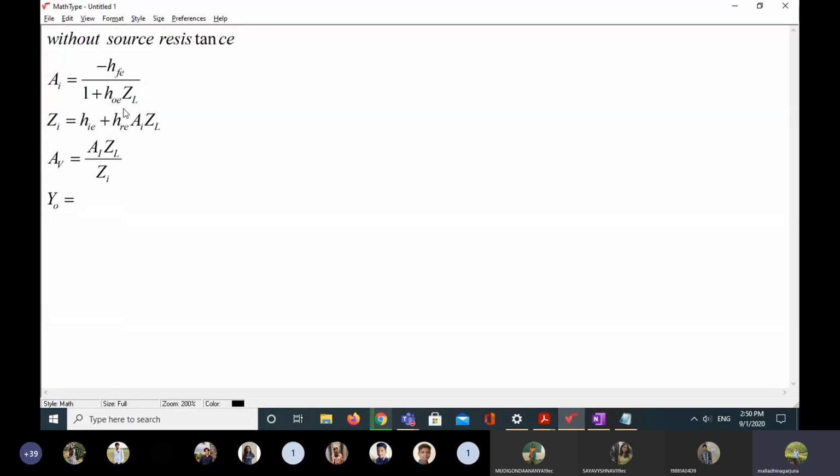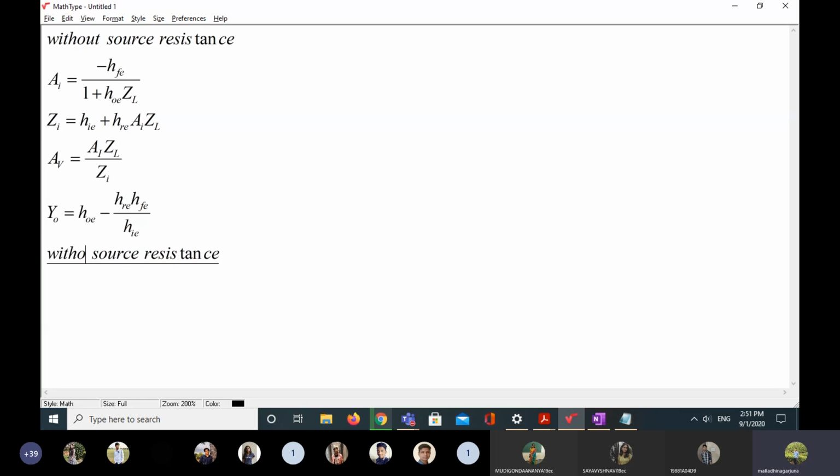Y0 equal to HOE minus HRE HFE divided by HIE. This is without source resistance.